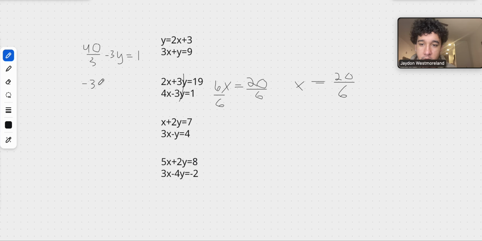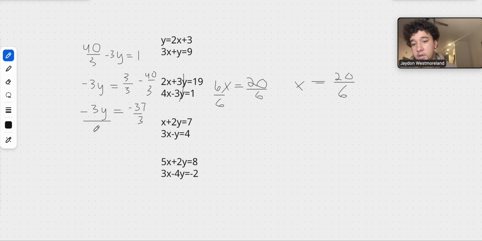So that's going to give me negative 3y is equal to, and I'm just going to do this all in one step. I need to subtract, right? Which means I need a common denominator again. So this is going to be 3 thirds minus 40 thirds. And then that's going to give me negative 3y is equal to negative 37 thirds. Jeez.